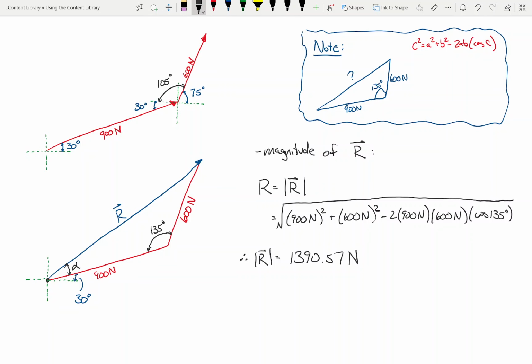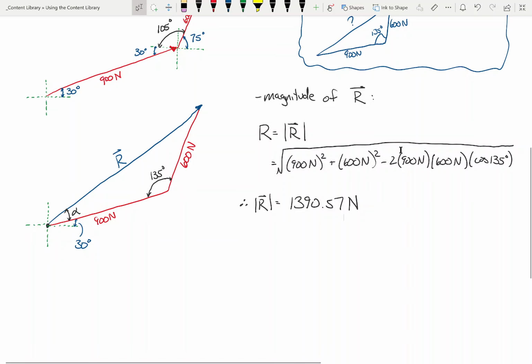So if I wanted to characterize that vector summation, that resultant, I can characterize that summed vector with this magnitude, right? Now this is the magnitude of that vector, but it has not yet given me the direction of this vector. So what about direction?